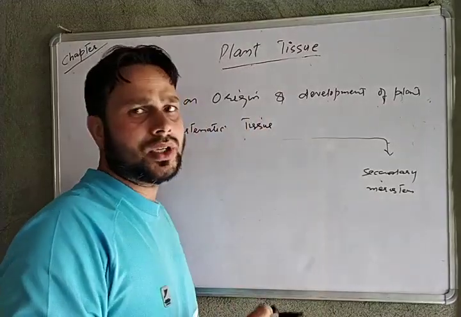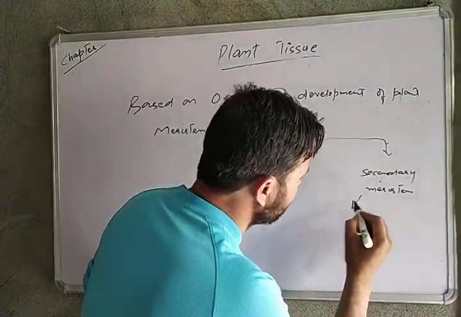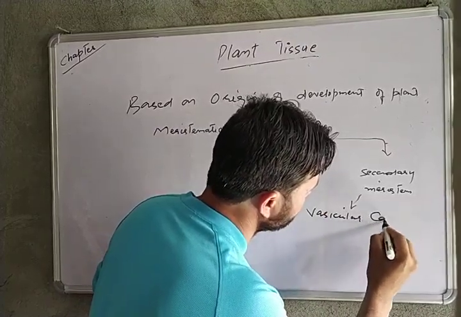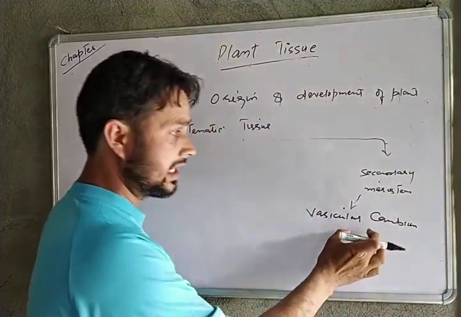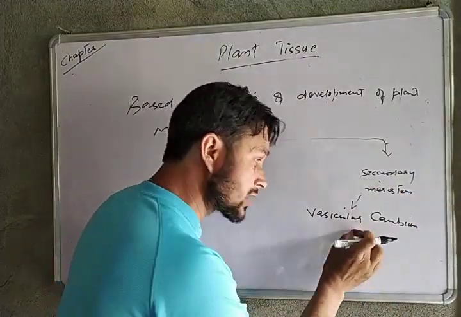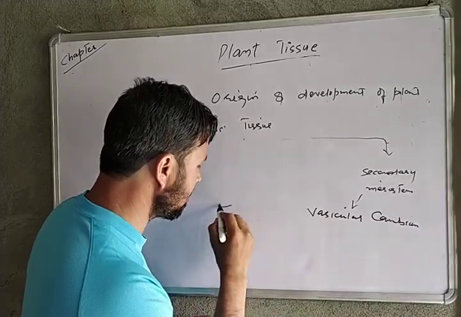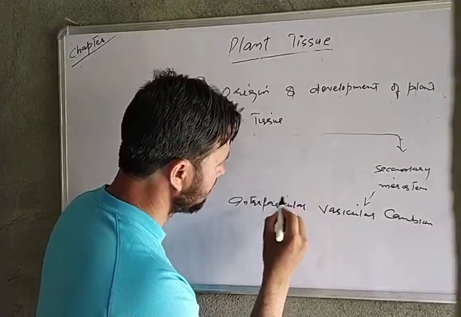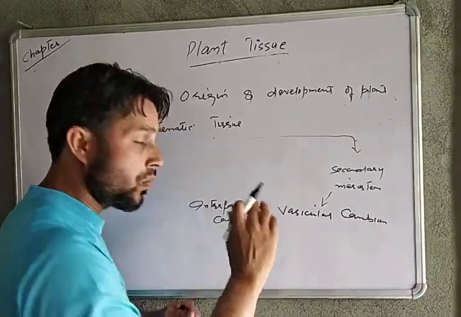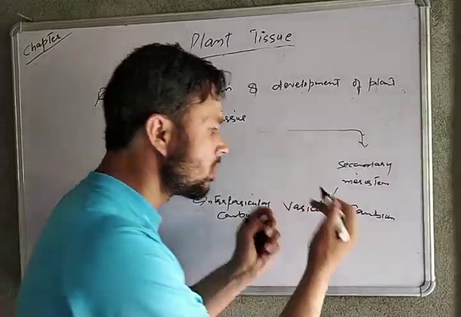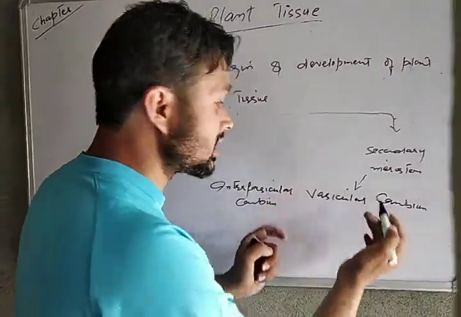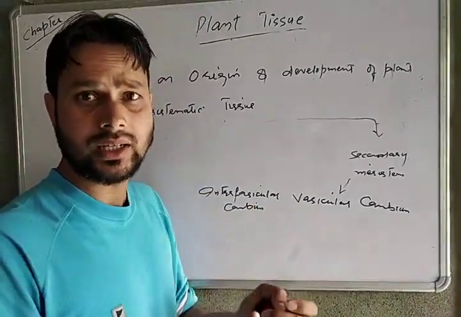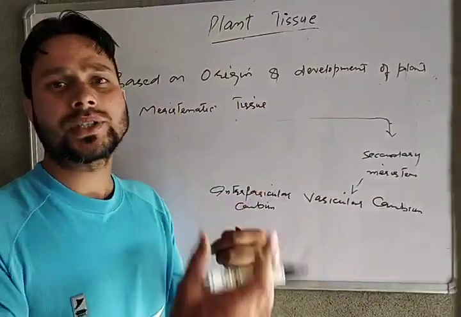For example, when secondary growth occurs, it gives rise to vascular cambium. This secondary meristem gives rise to vascular cambium, but this vascular cambium arises from intrafascicular cambium when there is need of secondary growth, because vascular cambium helps in the formation of the cambial ring, which is the characteristic feature of secondary growth.